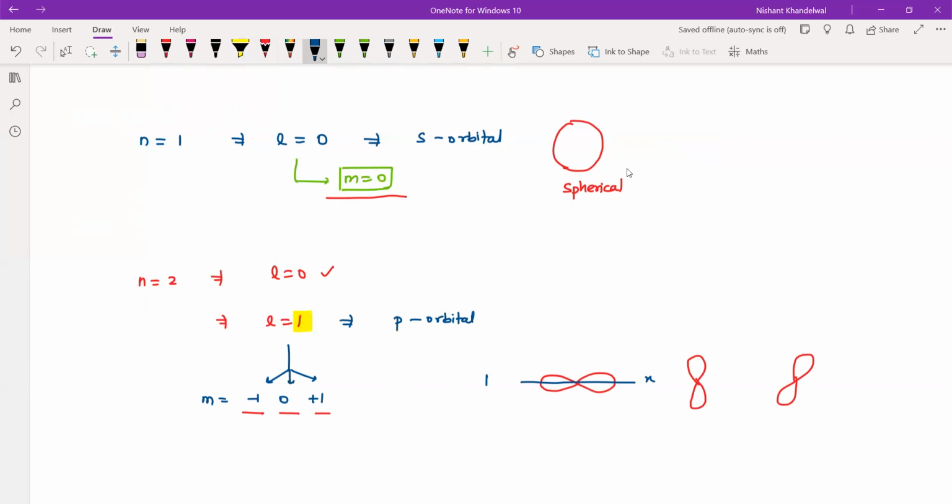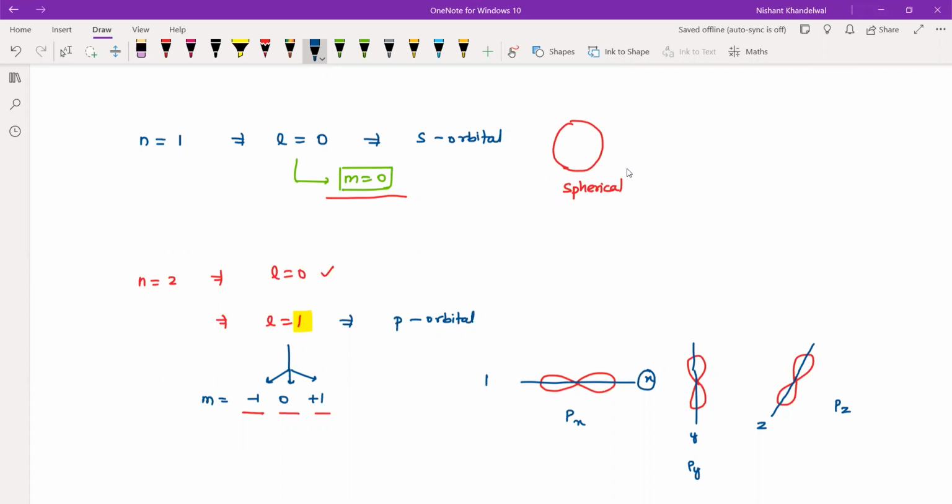So basically you write this orbital as px. P orbital on the x-axis. As you see, this axis is similar to y-axis. So as the p orbital lies along the y-axis, you can write this orbital as py. And now this orbital is along the z-axis. So you can write it is pz.